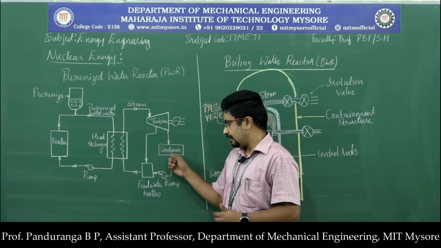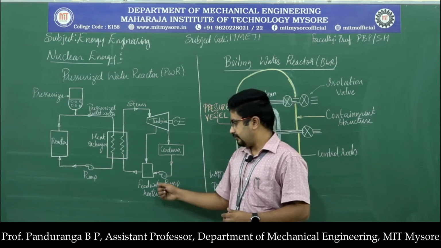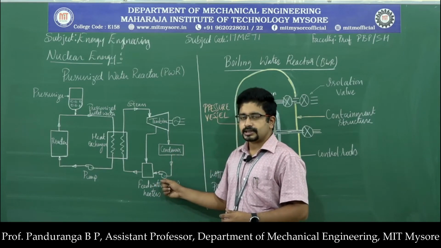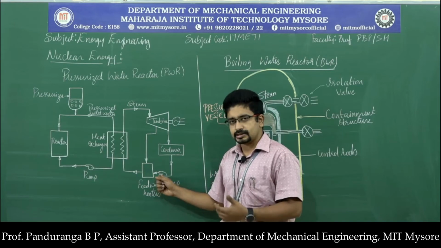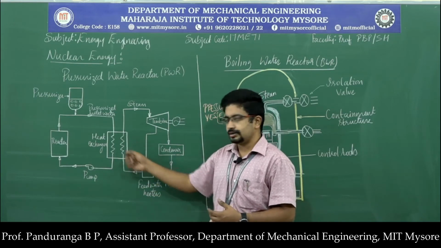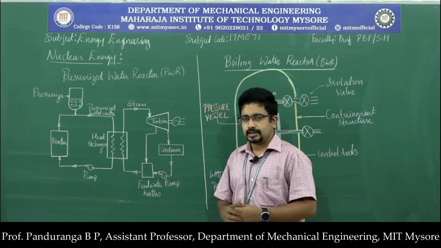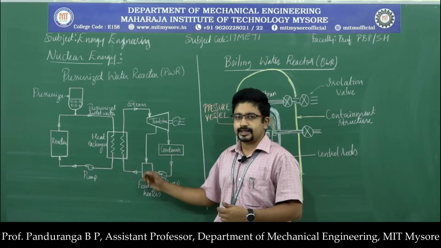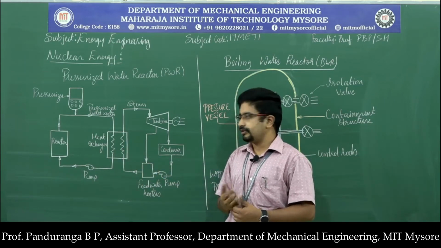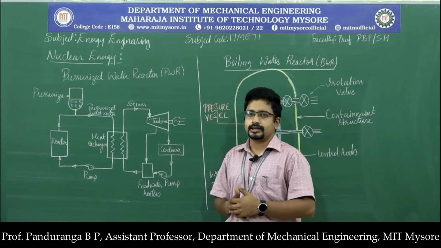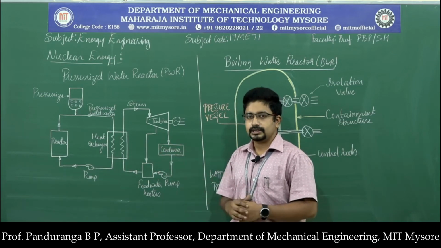After the condenser, we have a feed water pump. This pumps or pressurizes the water and circulates it into the heat exchanger. Before the water enters the heat exchanger, we can heat it to increase the overall efficiency of the cycle.